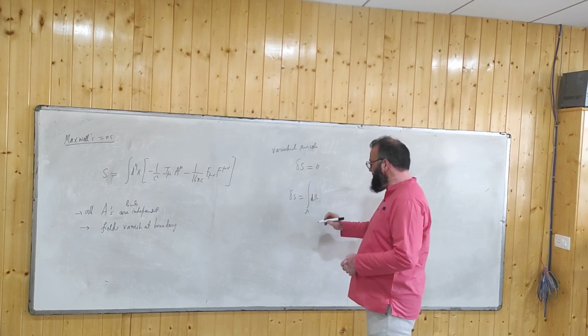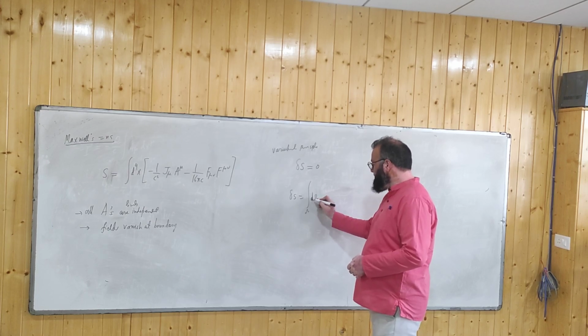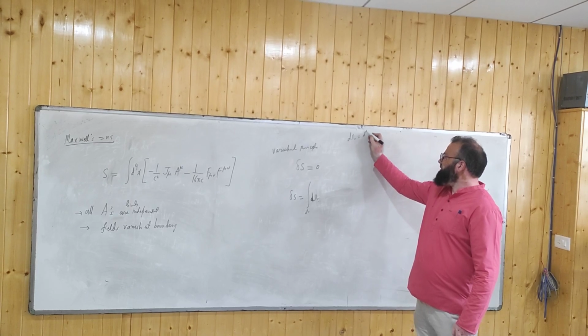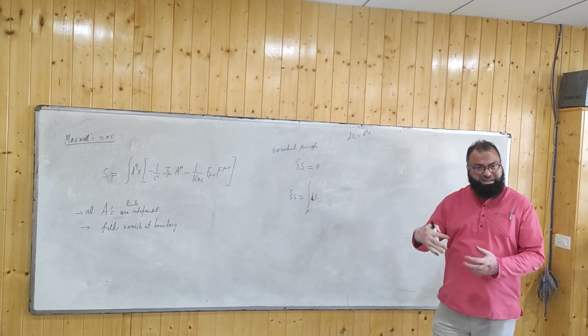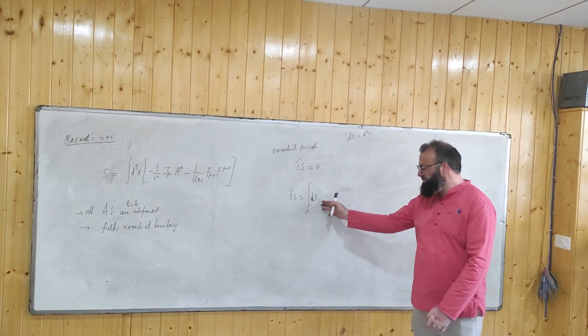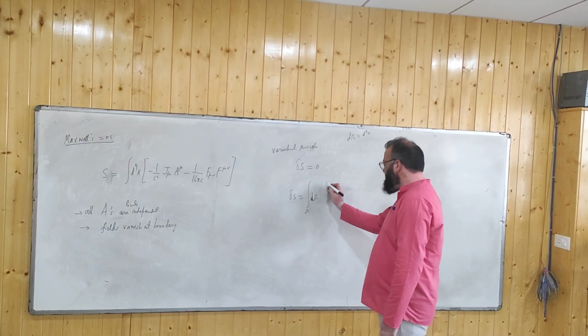D omega means the 4-volume element. This is simply the notation, nothing more than that.